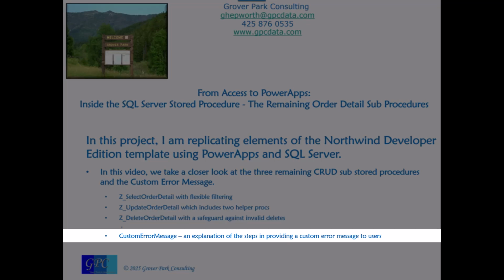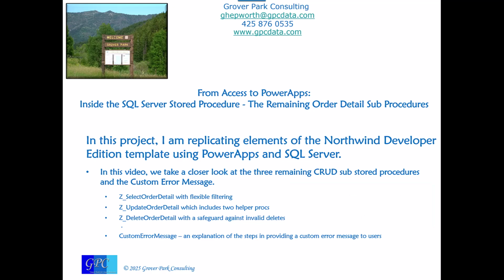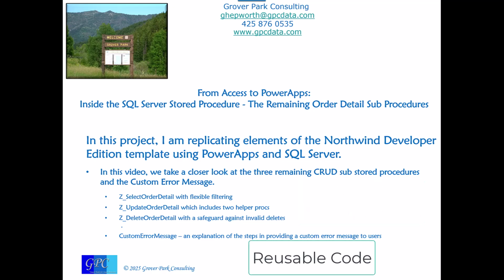Unlike the four CRUD sub-stored procs, though, custom error message works as is in all of the other CRUD stored procedures. In other words, you need to understand the design patterns for the CRUD operations where the custom error message is fully reusable.